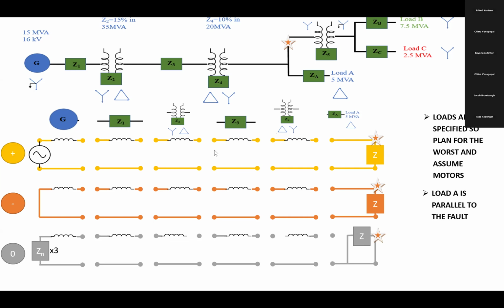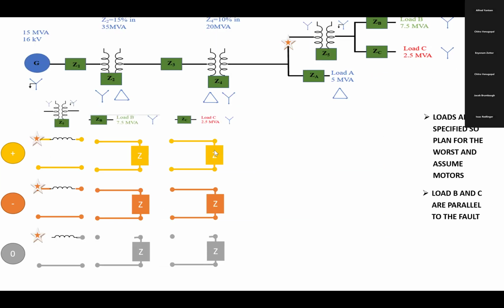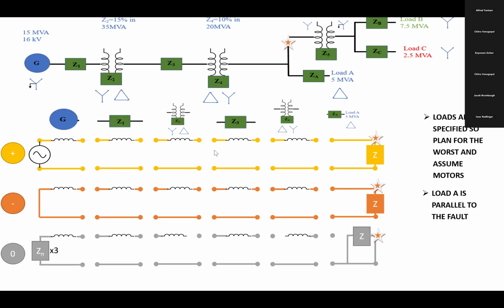Okay. Right. So now the next section. So let's look at this side. So from the fault, from this side, this section is what we are drawing now. So from here, looking at the transformer now. So this is a load. We are talking about the load on this side.